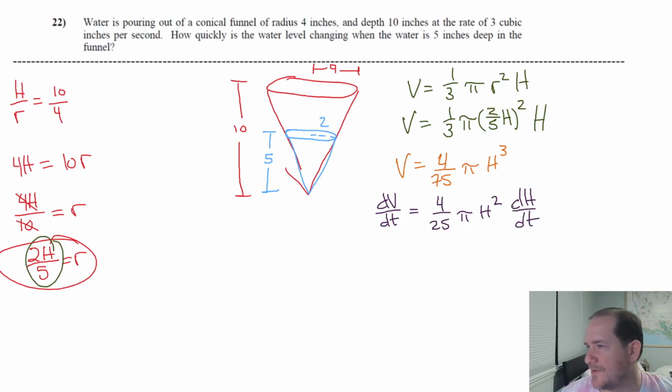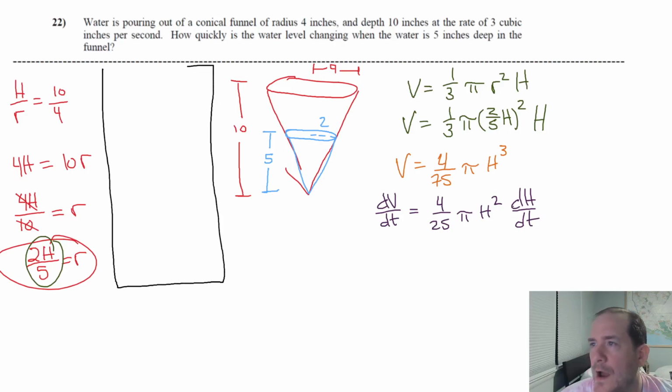And you should be finding yourself in a familiar position where you know all this stuff. I never actually did it, so I guess I'll do it. But what's it say? It says we are losing volume at a rate of 3 cubic inches per second. So dV/dt will be negative this time, -3. How quickly is the water level changing?